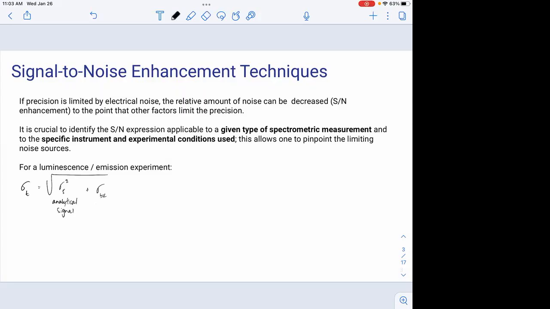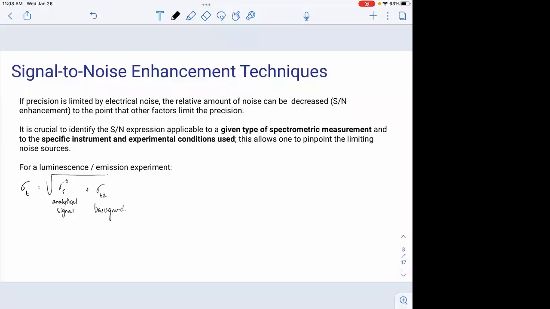Let's break these two things up a little bit and see how we can troubleshoot where noise is coming from in our experiments.